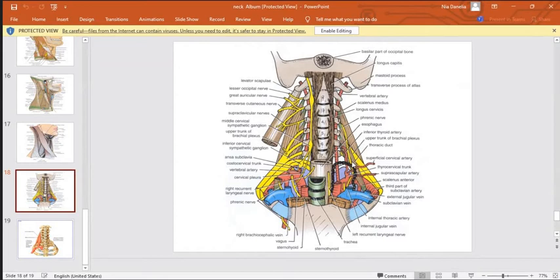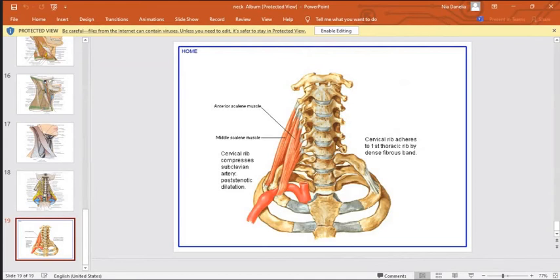These are antescalenus space, which is located anteriorly to the scalenus anterior muscle. We have interscalenus space, which is located between scalenus anterior and the scalenus medius muscle, and we have scalenovertebral triangle, which is present between scalenus anterior muscle and longus colli muscle.